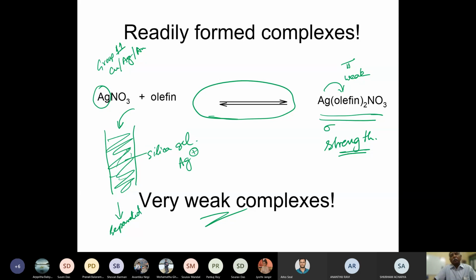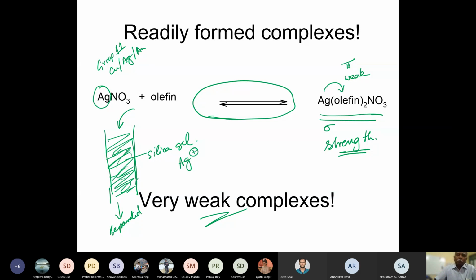And the separation turns out to be a function of the stability of the Ag olefin complex. Ag plus is anchored or stuck to the silica gel because the counter ions are nitrate ions in this case, and they are going to be interacting with the silica network.